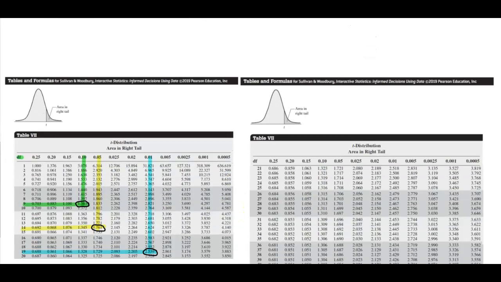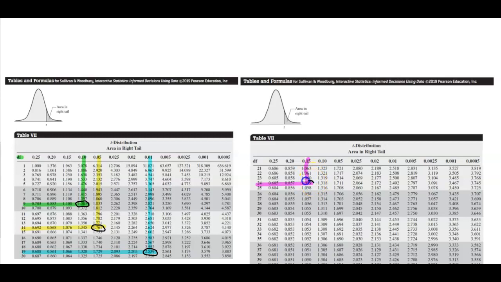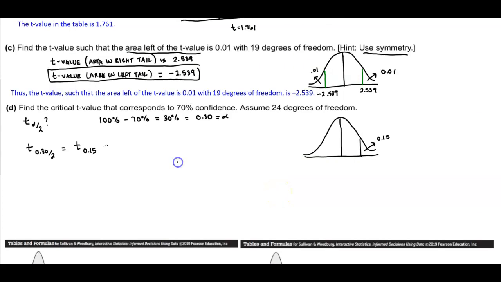Here is the degrees of freedom of 24, and then we have our area of 0.15. What we get is a critical value of 1.059. Therefore the critical value is 1.059.